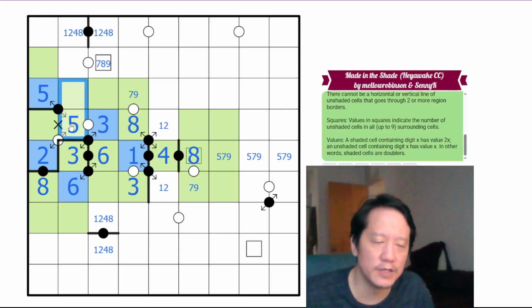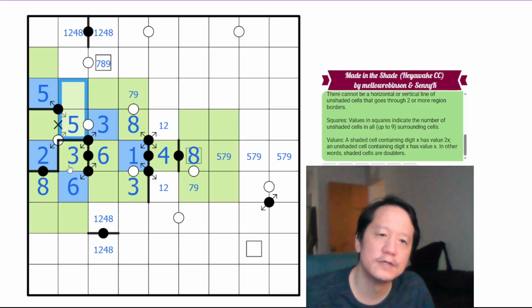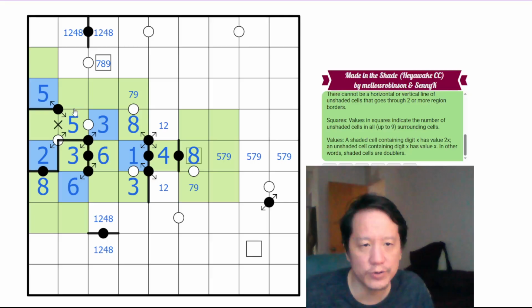This has to be in the same region. If we have a border here, the problem with that is this would go through 2 border areas. So this cannot be a border here, which means this is a boundary here. So this must go out here. So this is all one region here.